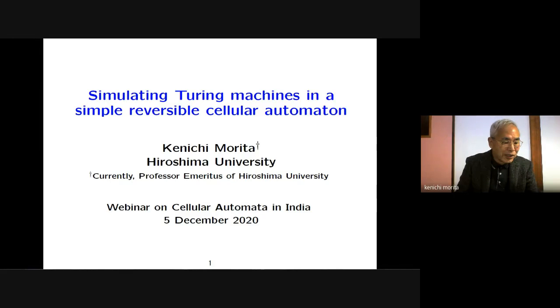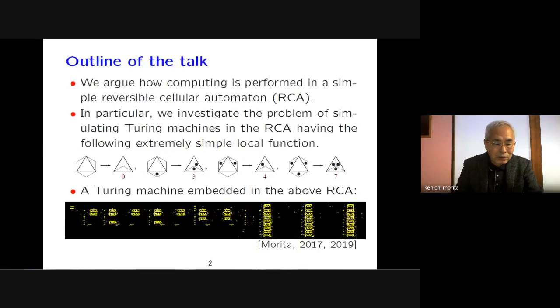Okay, today's talk is on a problem of simulating Turing machines in a very simple reversible cellular automaton. An outline of my talk is as follows. We argue how computing is performed in a reversible cellular automaton having the following extremely simple local function given here.